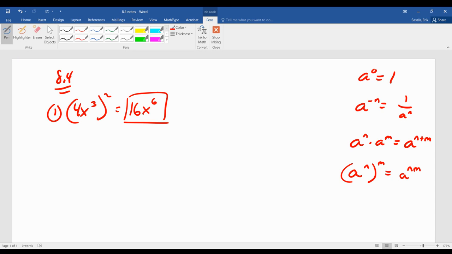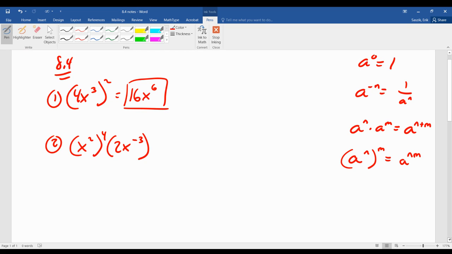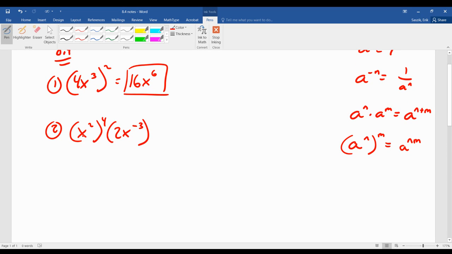And here, let's do another one. Let's do x squared to the 4th times 2x to the negative third. Okay, so here, the second set of parentheses, there's no outer exponent. I would start with the first set and apply this outer exponent.